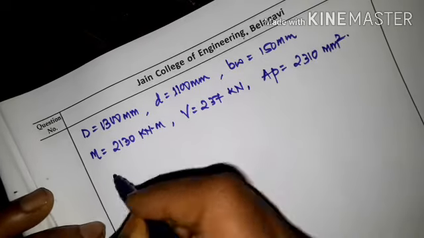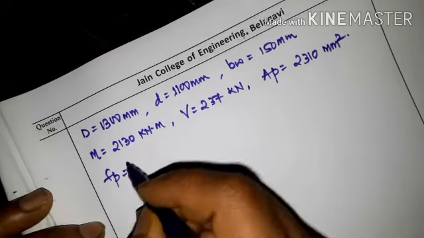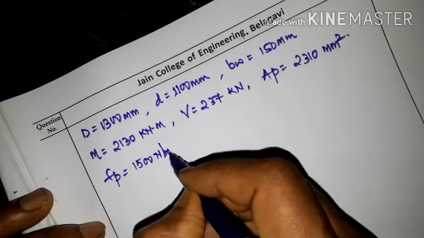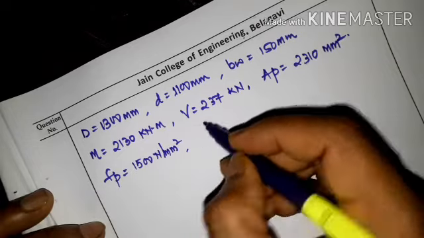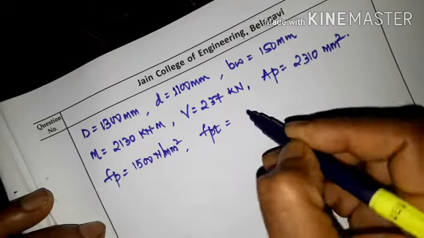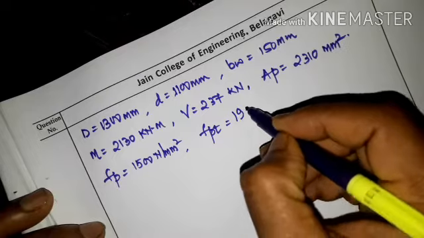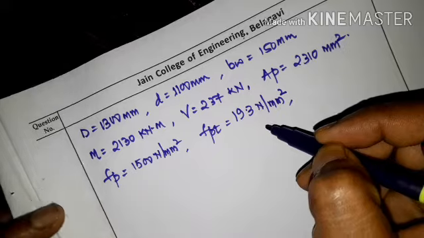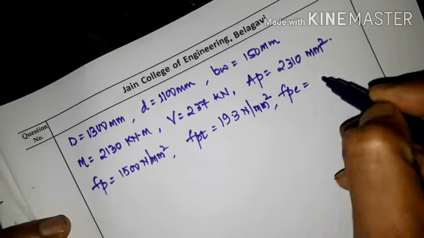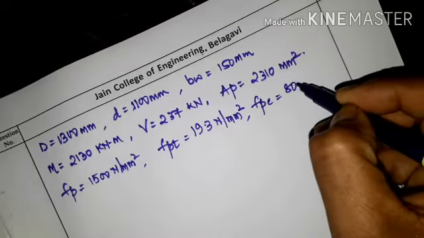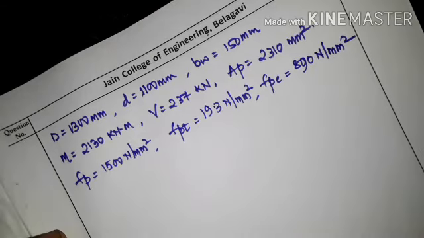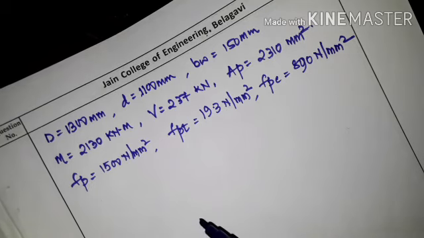Then fp is given as 1500 Newton per mm square. Then fpt is given as 19.3 Newton per mm square. Then fpe after all losses, that is 890 Newton per mm square. So these are the given data.